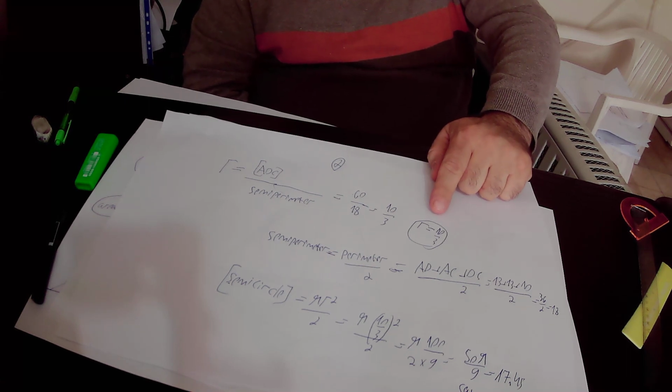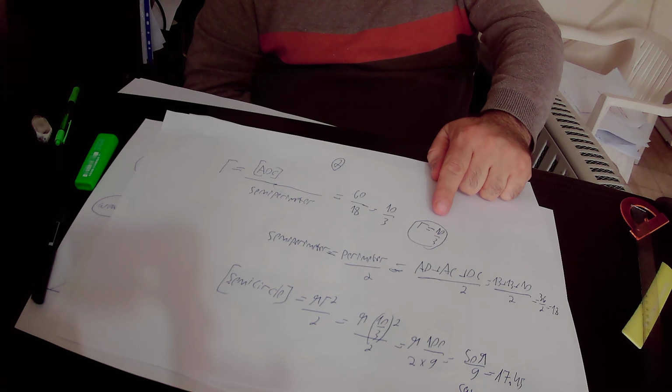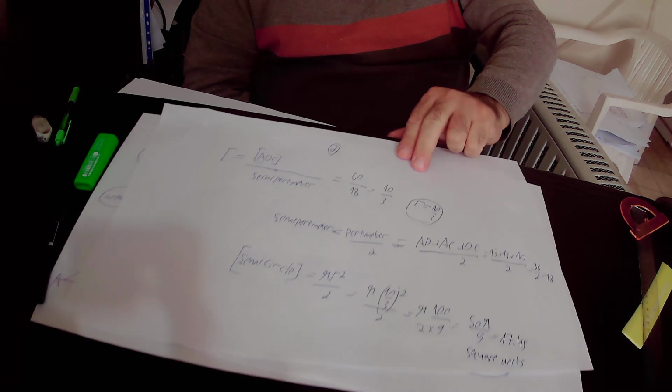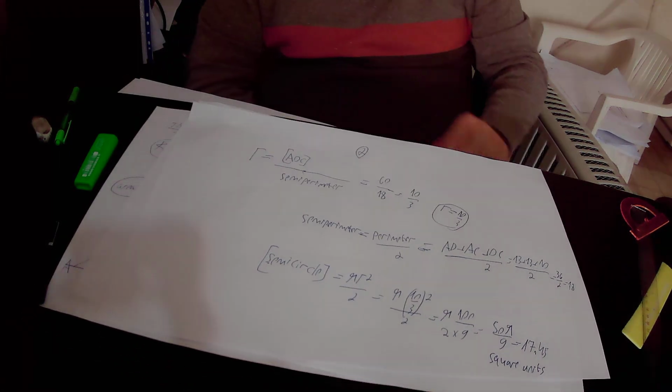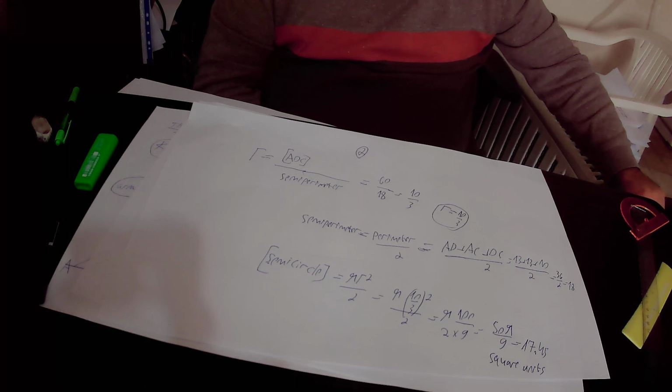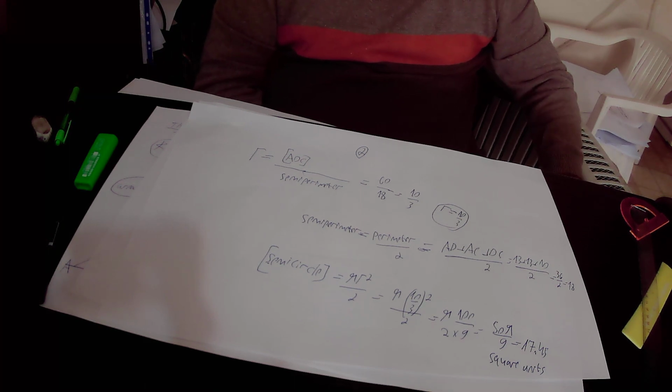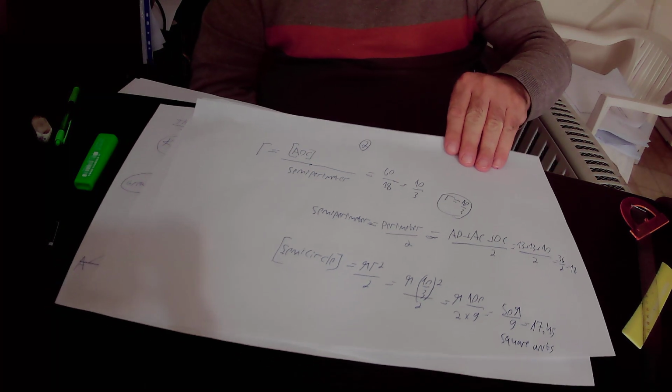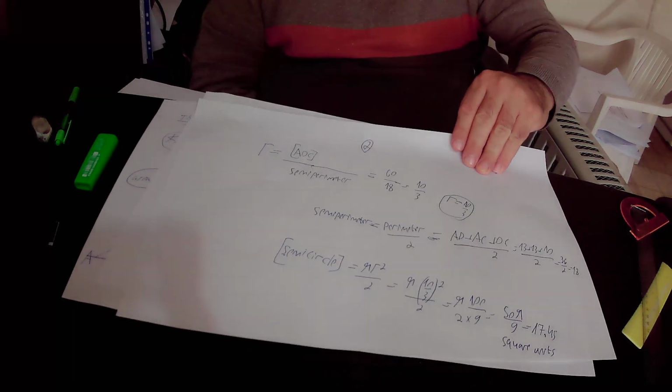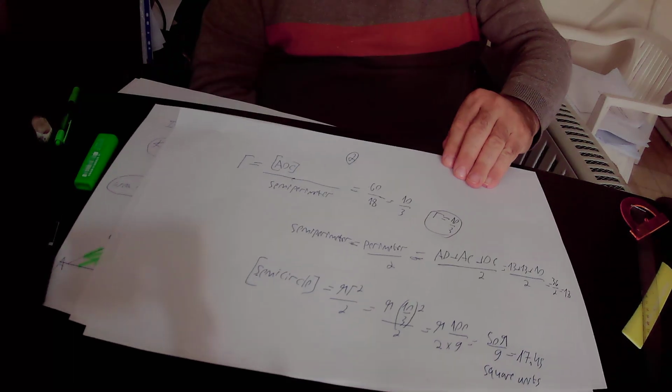So we found out that the radius of the semicircle equals 10 over 3, and the area of the semicircle equals pi r squared over 2.